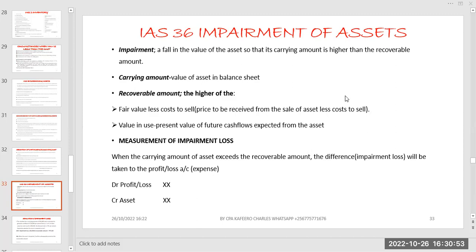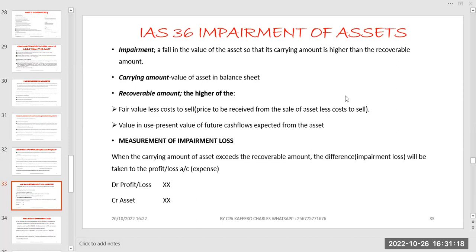It is either the fair value you are going to get from the market less the cost to sell, and those costs to sell may be in terms of transport, because when you are selling the asset you incur transport, taking it to the market, advertising, commission to sales agent, and all that. You less it. What you remain with will be the recoverable amount.